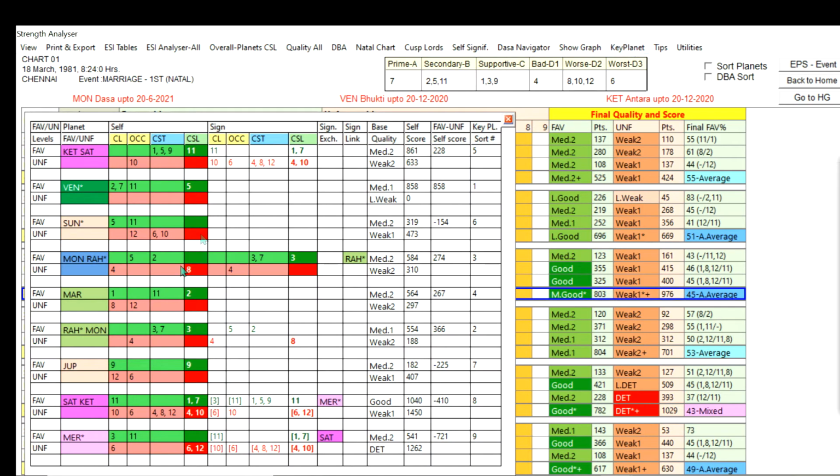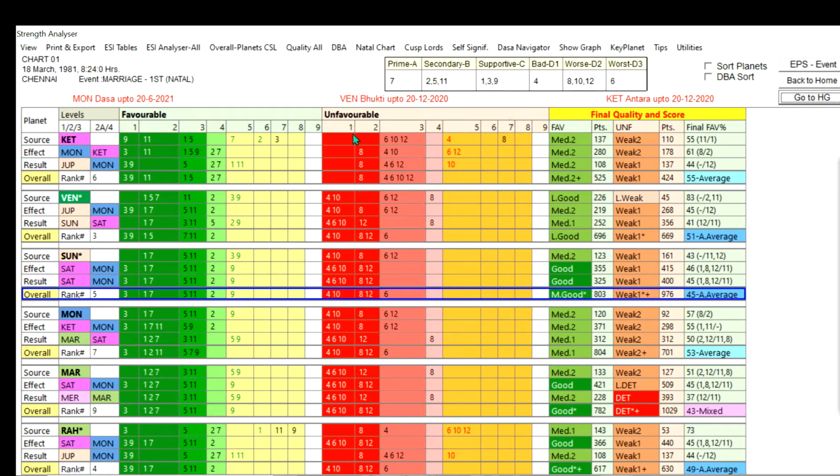So to verify the key planet strength and their signification, you can click here and check it. Or if you want to see these planets' house grouping table or EPS table, you need not go to the house grouping table or EPS page. Just double click on this. Suppose you want to see the Sun planet's house grouping table.